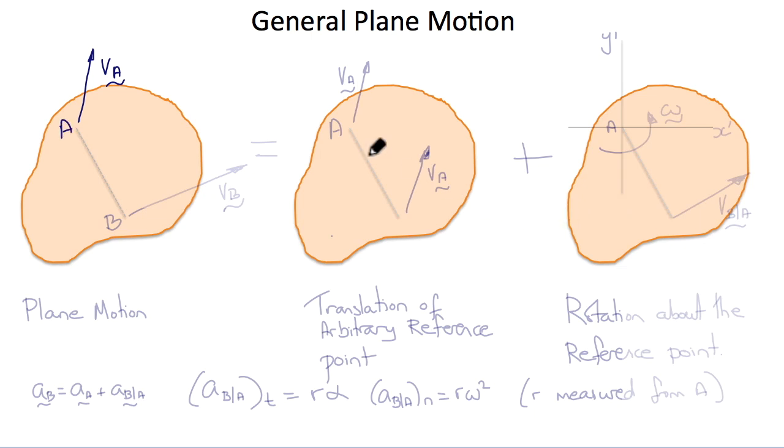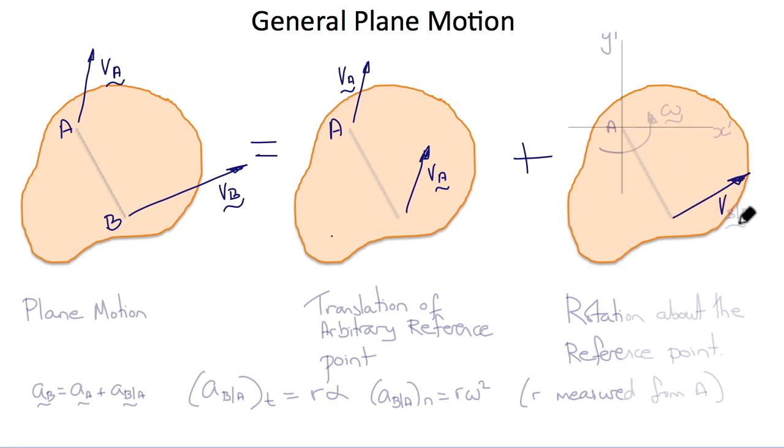Considering this a little further, if A has velocity v_A and B has velocity v_B, that can be decomposed into the sum of the translation, where A and B both translate with a velocity of v_A, plus a rotation of B about A with an angular velocity omega.